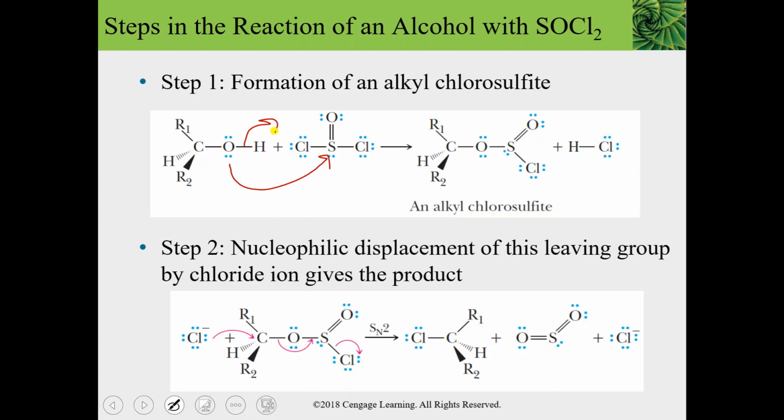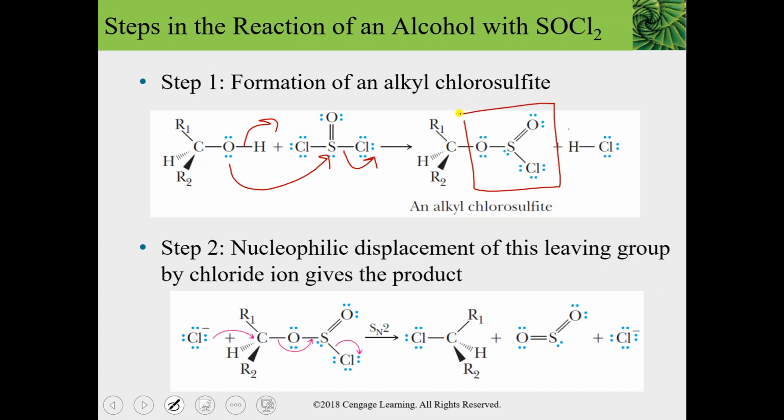All right? So when the oxygen attacks the sulfur, one of these chloride ions is going to come off. Does it matter which one? Absolutely not. In the real world it does, but for what you guys are doing, it doesn't. They're the same thing. One of them's got to come off. We're going to form this alkyl chlorosulfite.